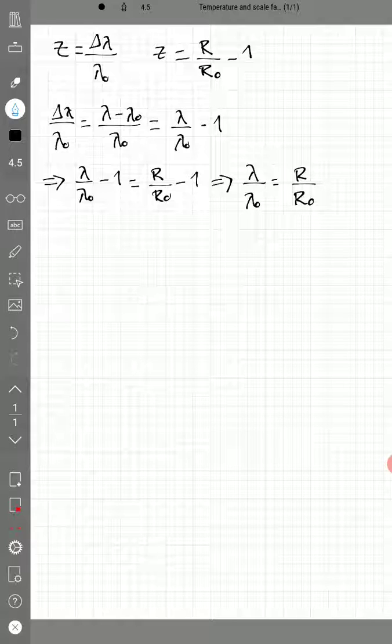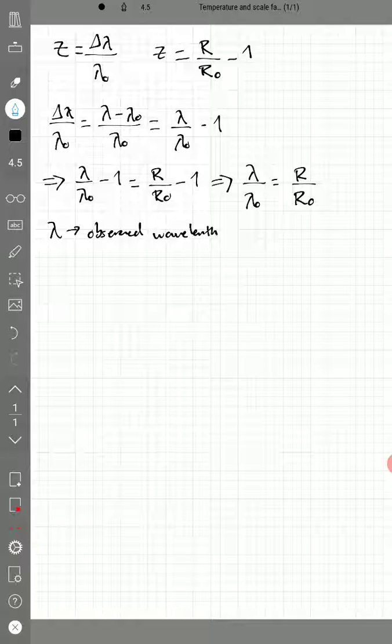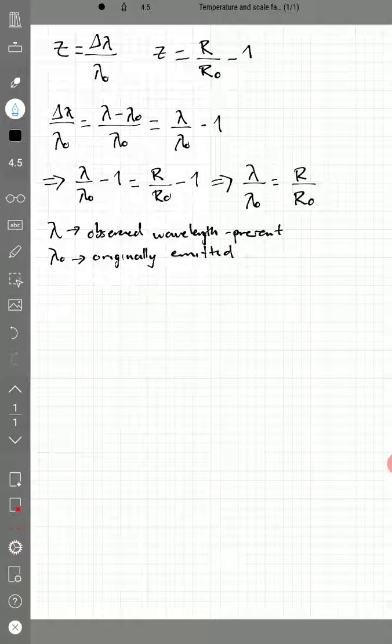Now, what are all those things? Well, you need to remember lambda is the observed wavelength currently, or in the present, and then this lambda 0 is the originally emitted wavelength.